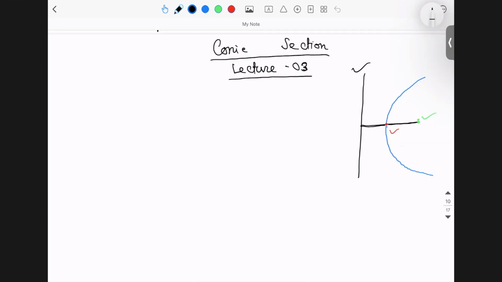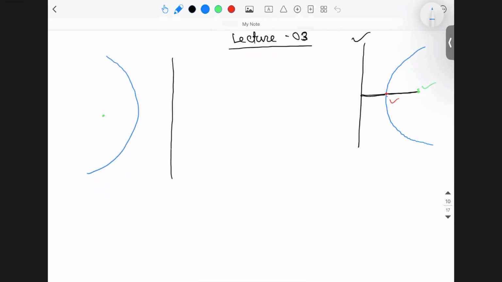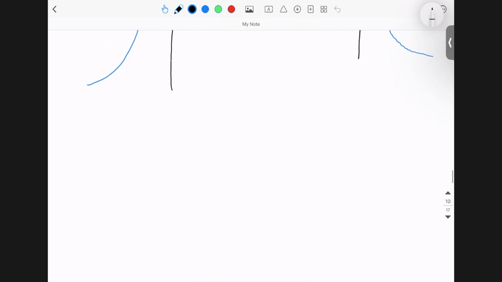That is, this is one case. Another case can be like this. This is the straight line, this is the green point, and this can be another case. Another case is like this. This is the straight line. This is our green point.